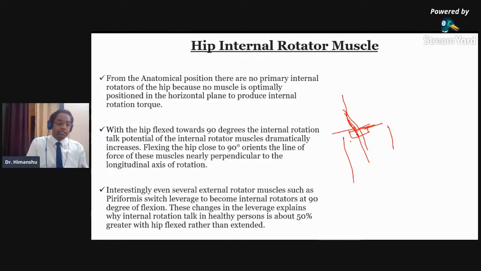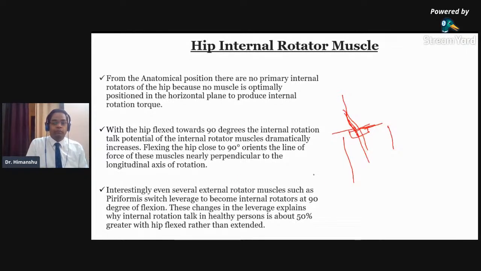Now interestingly, even several external rotator muscles such as the piriformis, just try to listen to what I'm saying right now, can change the line of action or the leverage of these muscles. Whenever the hip is flexed to 90 degrees, piriformis works as an internal rotator, and whenever your hip is in the neutral position or in extension, the piriformis works as an external rotator.